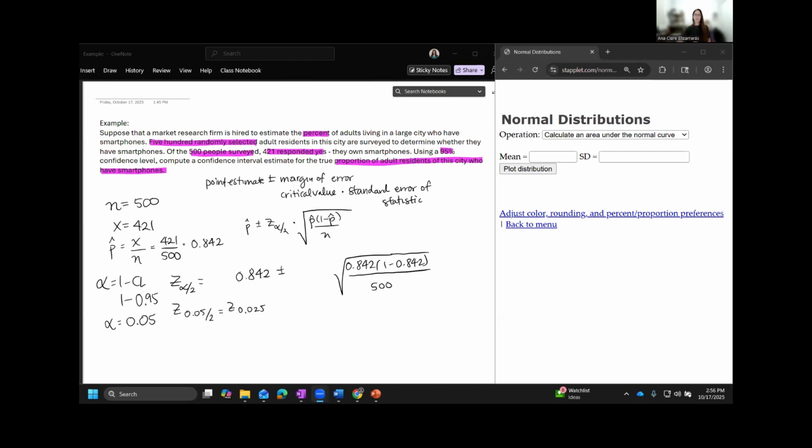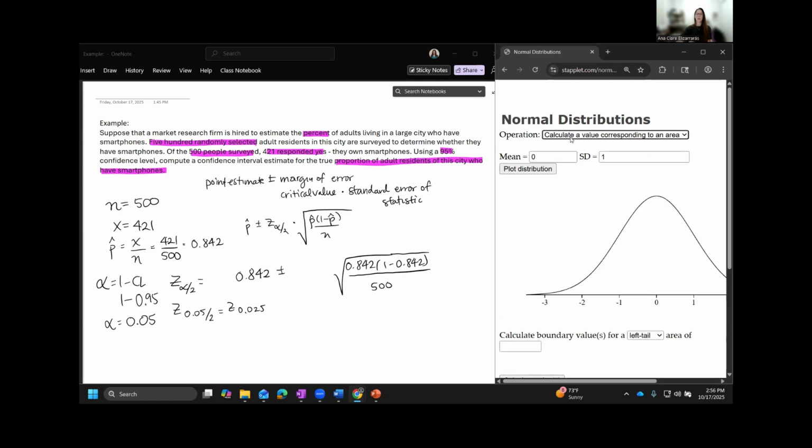Okay, now you can see that I have StatKey here on the right. This is a standard normal distribution that we're using for our Z critical values. And I want to calculate the value corresponding to an area. So from the homepage, I selected normal distribution. But what I want is a value. And I am looking for 0.025.